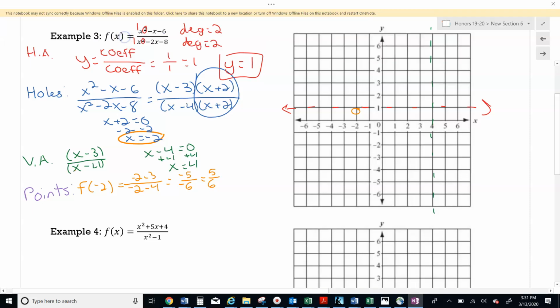Now I can choose any other points. I'm going to choose one close to my vertical asymptote. Let's do f of positive 2. That's 2 minus 3 over 2 minus 4. That's negative 1 over negative 2, which equals 1/2. Let's look at 5. 5 minus 3 over 5 minus 4 equals 2 over 1, which is just 2.